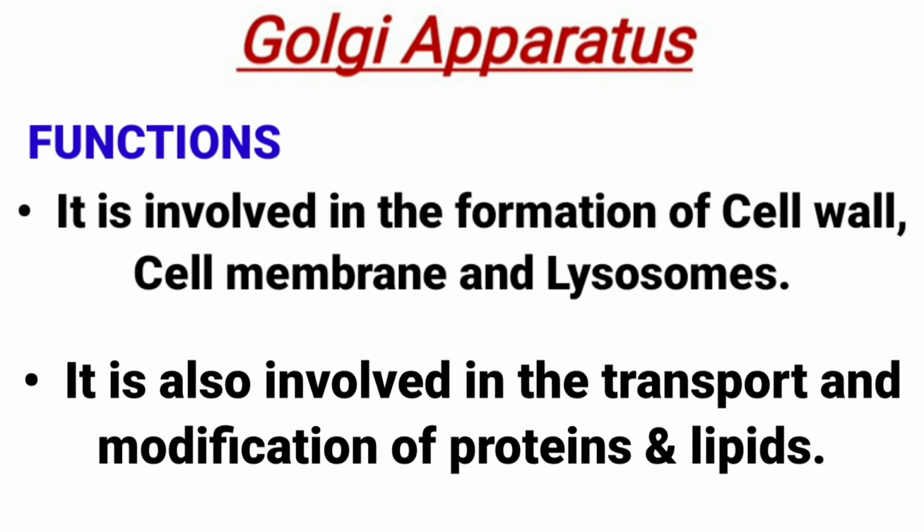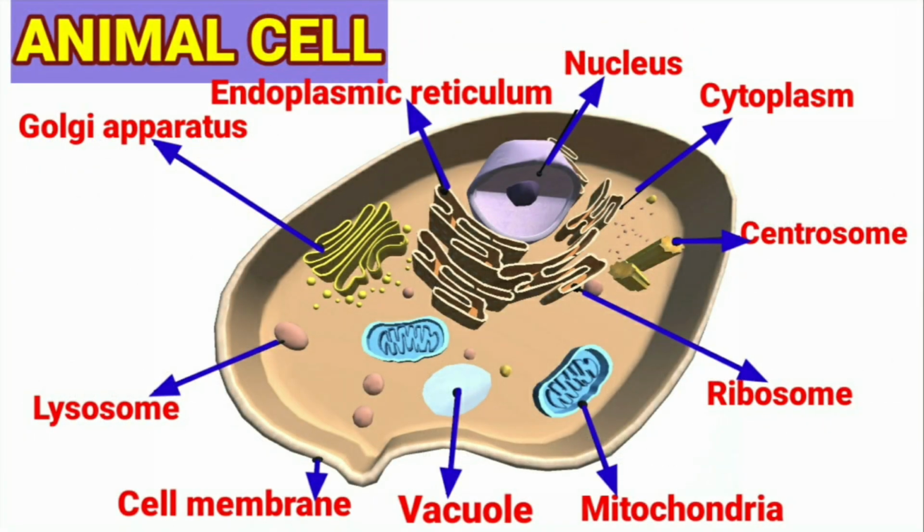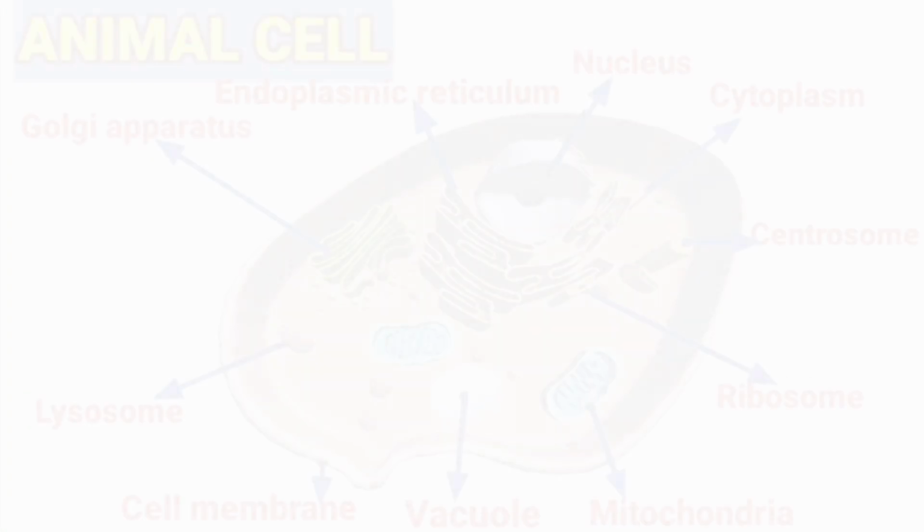Cell wall synthesis, which synthesizes all other components except cellulose. Repair and synthesis of the cell membrane is also another function of the Golgi apparatus. Formation of lysosomes, which is another cell organelle in the cell, is also done by the Golgi apparatus.